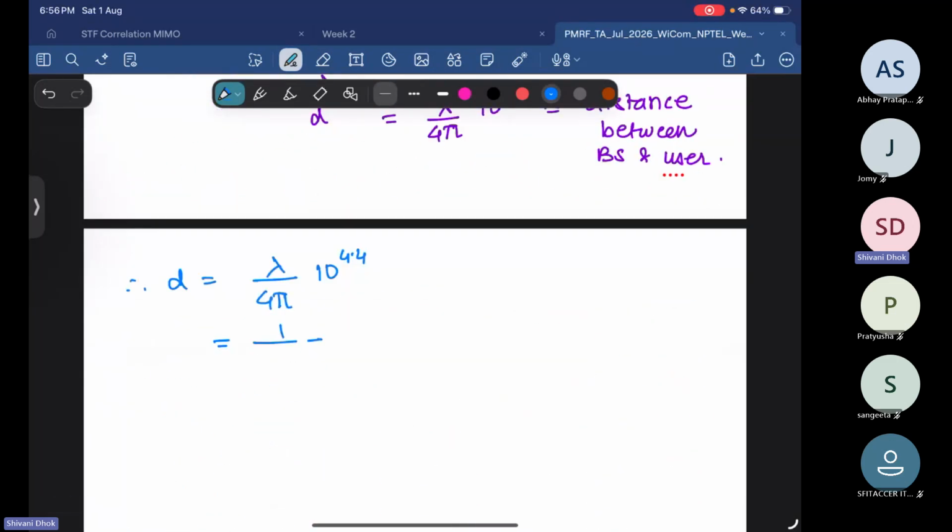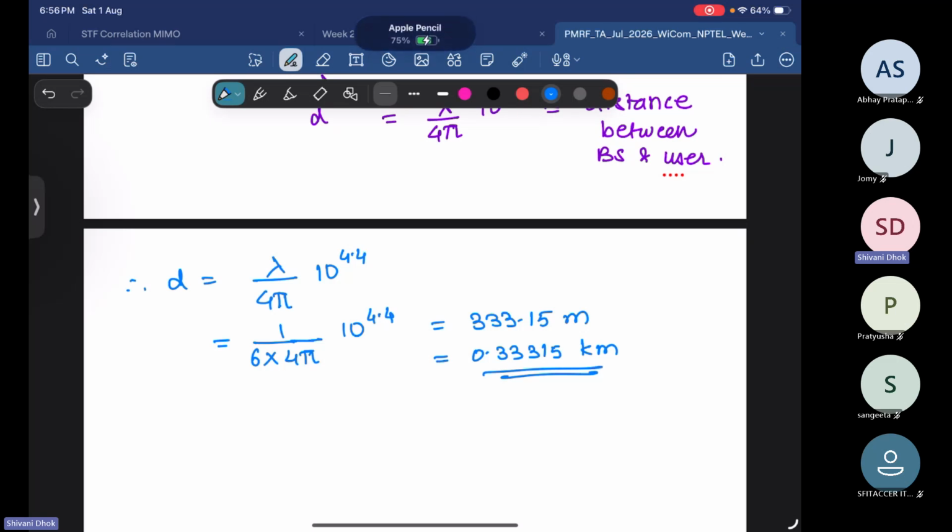So this becomes 1 by 6 into 4 pi times 10 to the power 4.4, and this turns out to be equal to 333.15 meters, or this is equivalent to 0.33315 kilometers. So this is the distance between the base station and the user, which was asked in this particular question for free space path loss model.